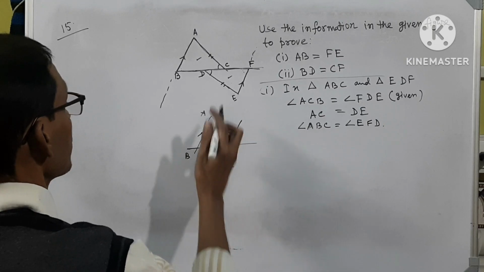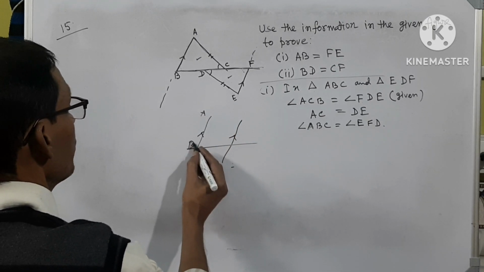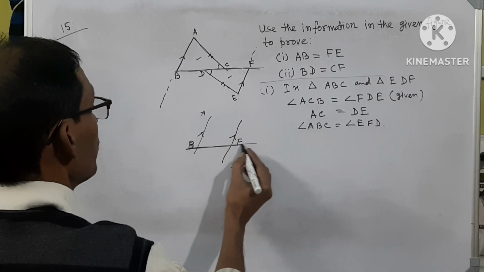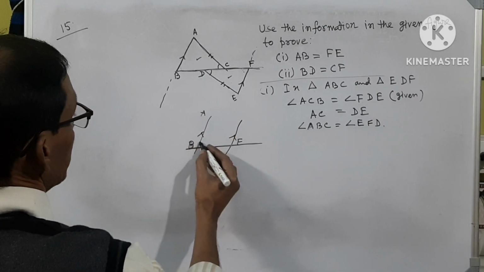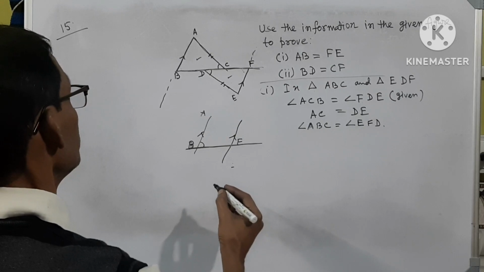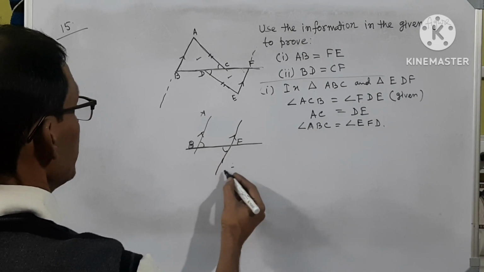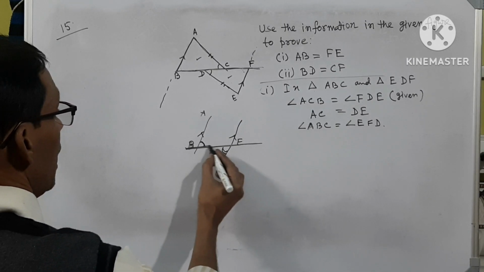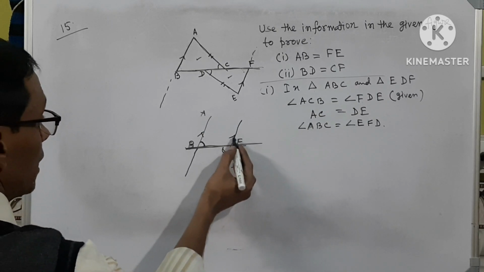F is here, B is here. That means this line is the transversal. So this angle and this angle, and E is here, are alternate interior angles. These are two parallel lines.